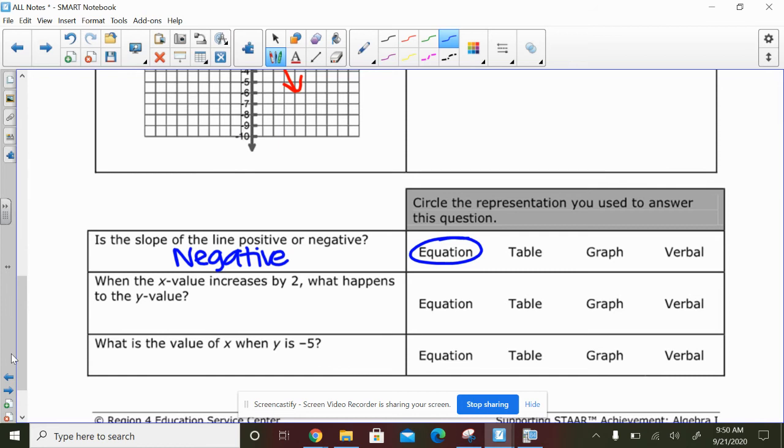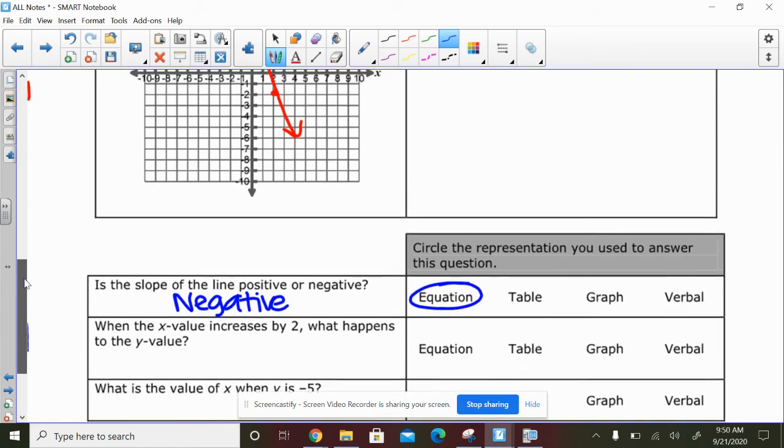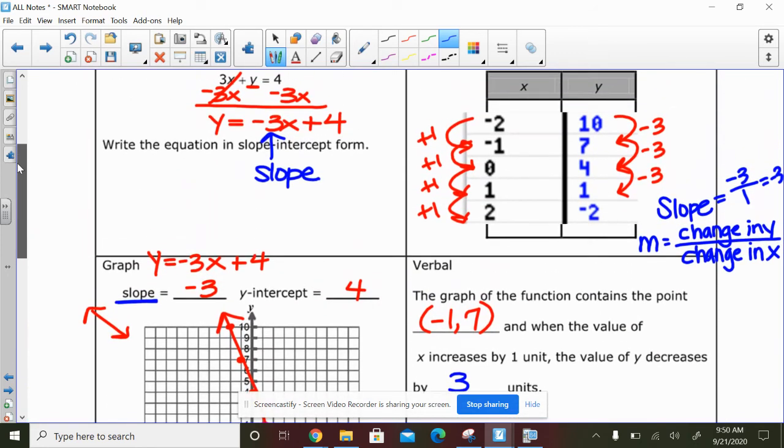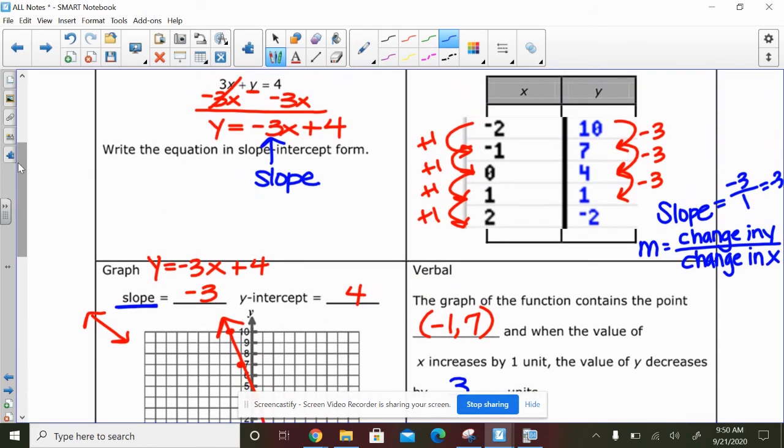All right, when the x value increases by 2, what happens to the y value? Okay, I think I'm going to use my table for that. So it's saying if I'm increasing by 2 right here, so I'm going up 2, then what's happening to this y value?